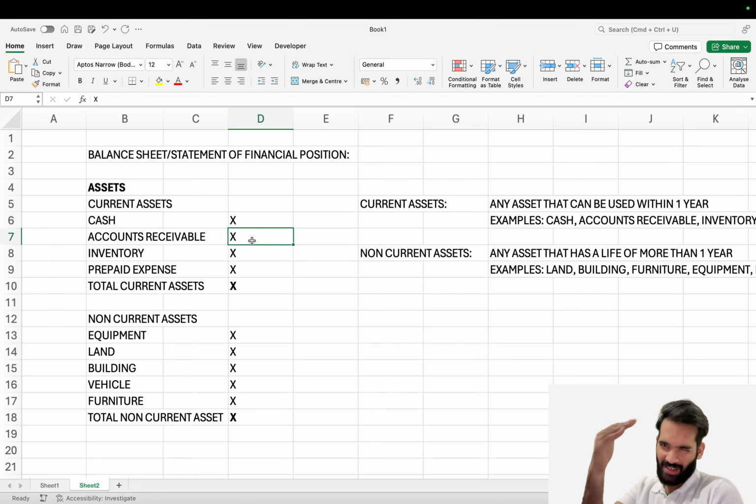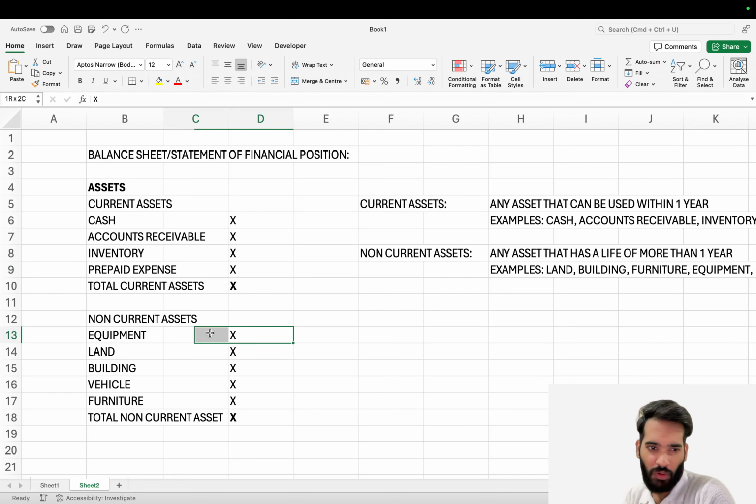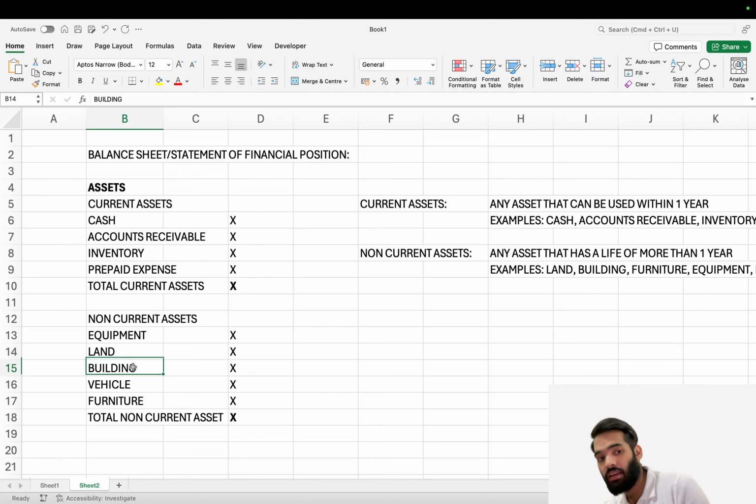Accounts receivable is a little bit more illiquid, because it takes some time to receive the money. Inventory is a bit more illiquid, and prepaid expenses a little bit more than that. So we are mentioning them in terms of liquidity. That's why, if I wanted to follow the guideline, I could have put building here, and then a vehicle here, furniture, and you can follow the liquidity pattern.